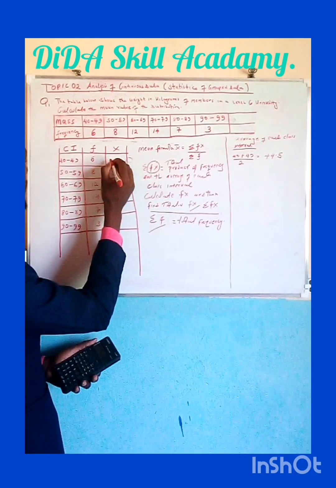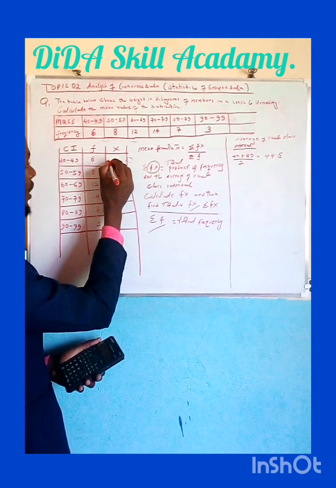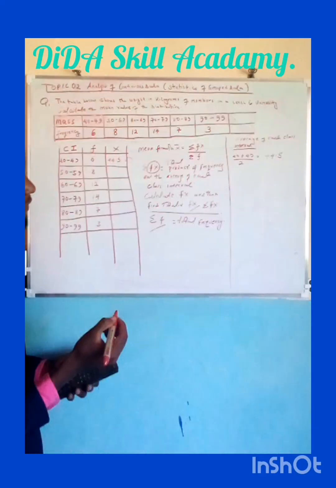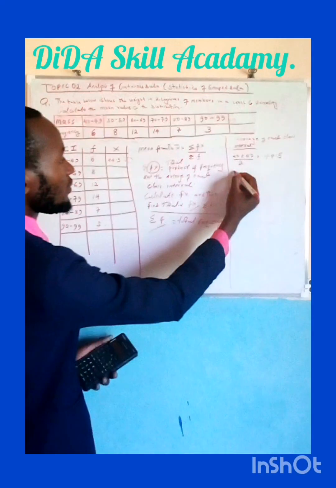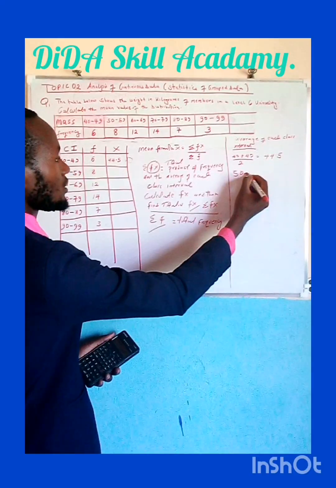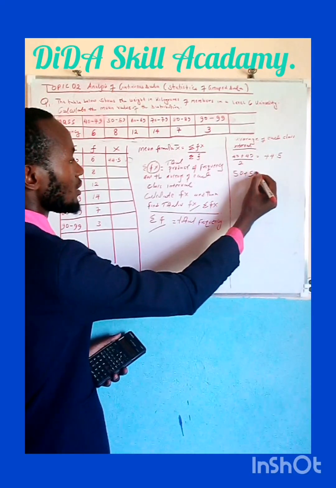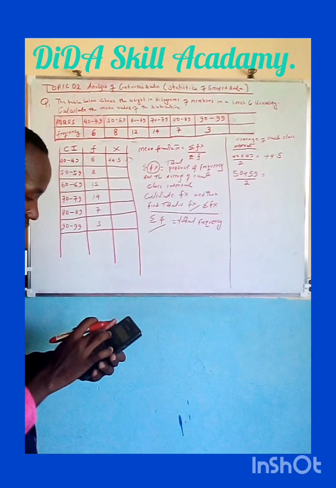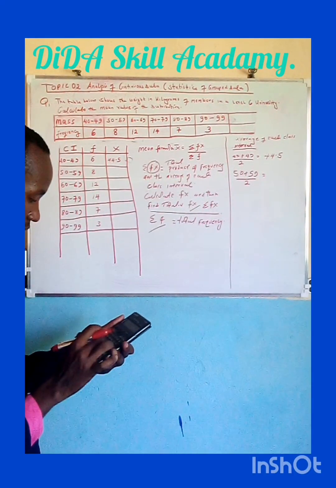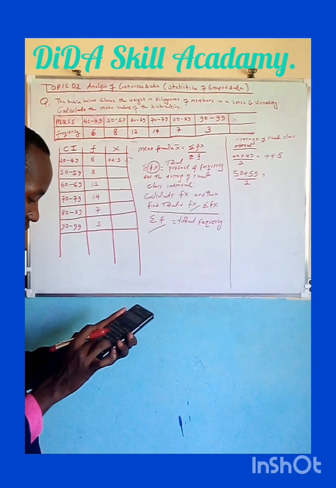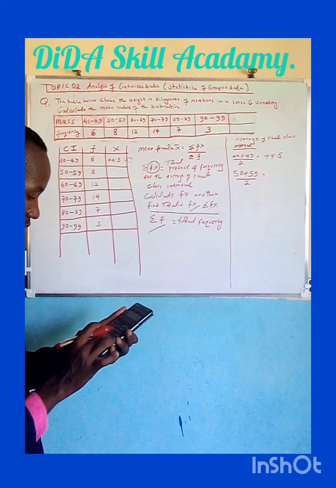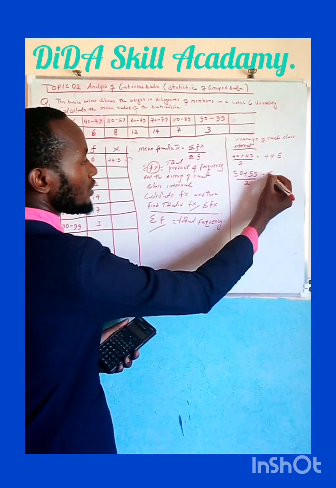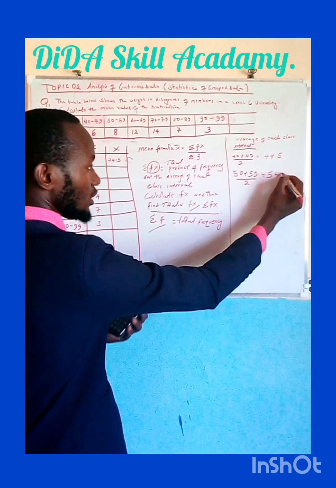So in our first class interval, we have an average of 44.5. In the second, we have 50 plus 59 divided by 2. So 50 plus 59 divided by 2, we will have 54.5.